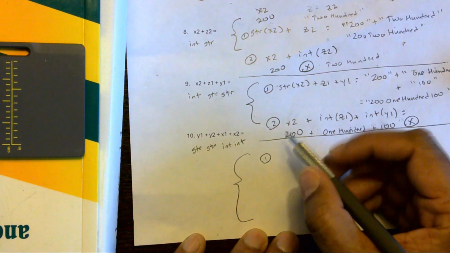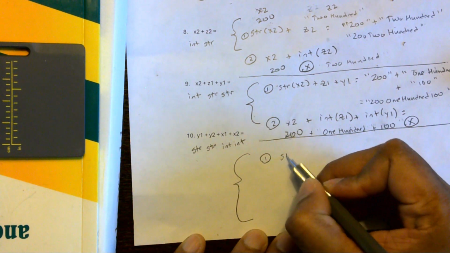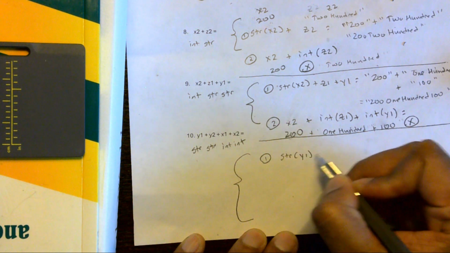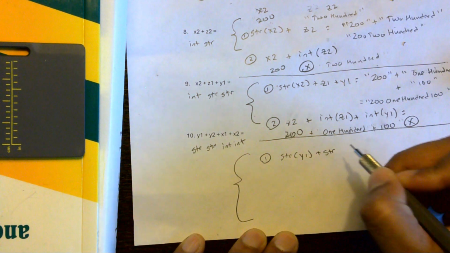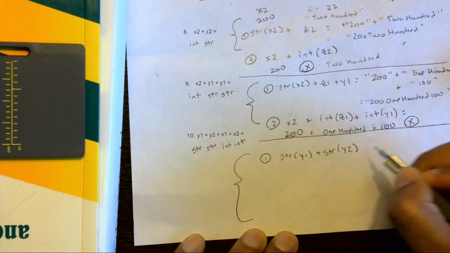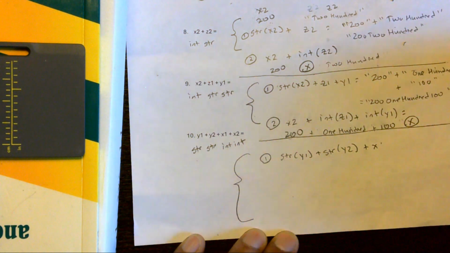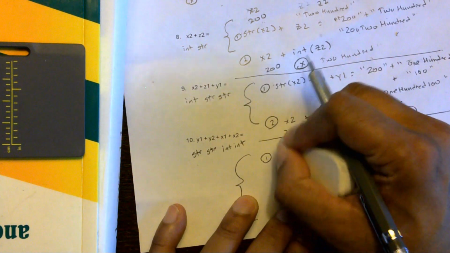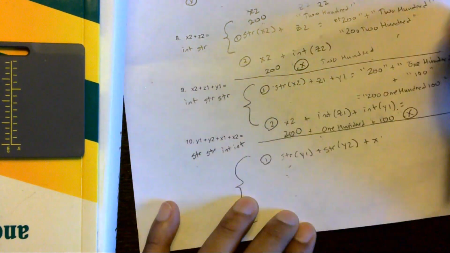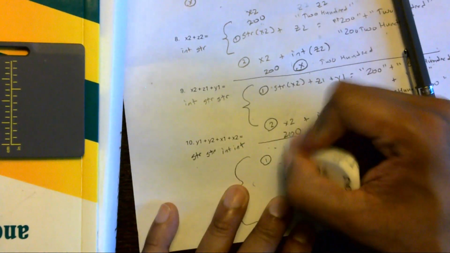So the first solution to this problem, and we can just do this little squiggly line, is you have string y1, string y2, x1, I'm sorry, that's not right. Apologize. We're going to change the string to an int. Certainly made a mistake here.